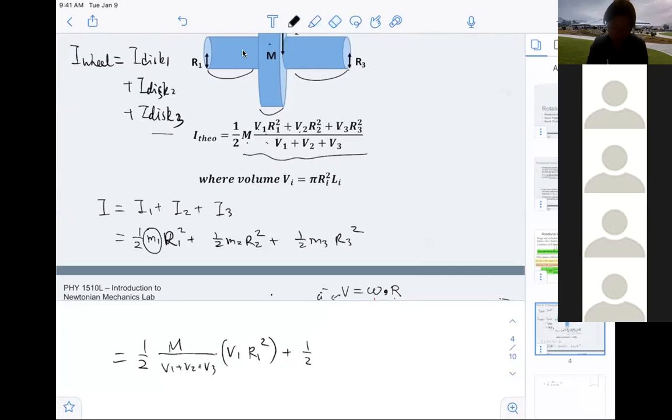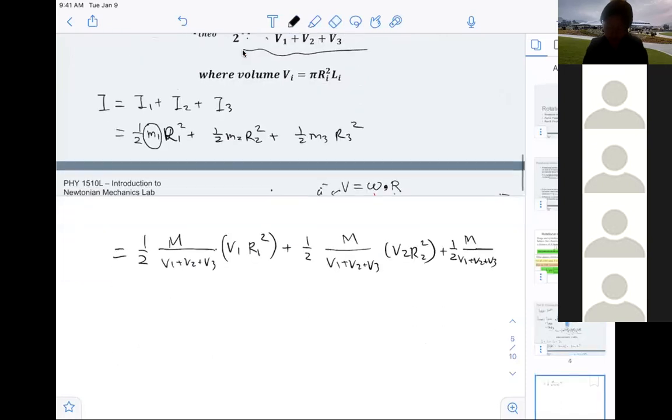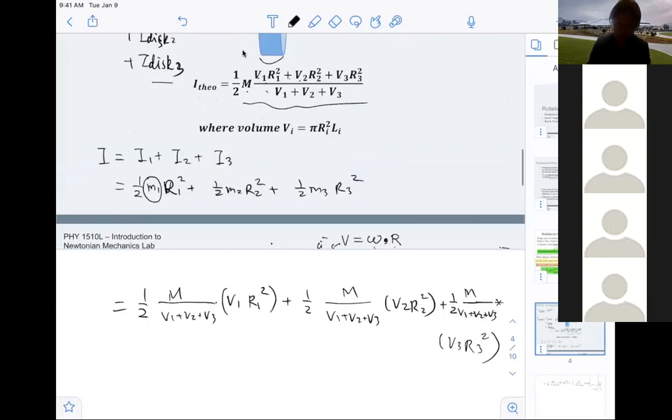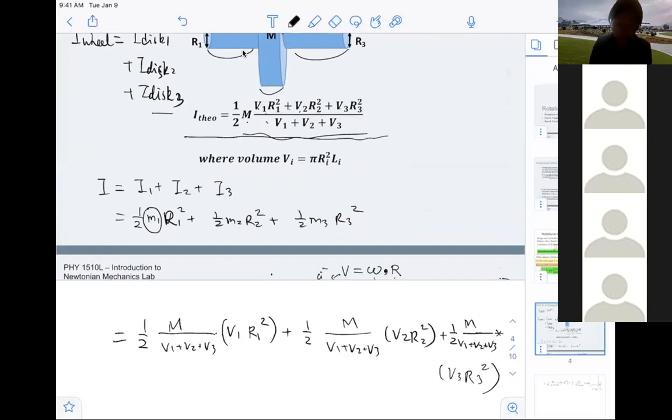The same density applies for V2 R2 squared, and again the same density times V3 R3 squared. So this is the equation that you were looking at, and this is where it comes from. It comes purely from our definition of the rotational inertia for a disk.